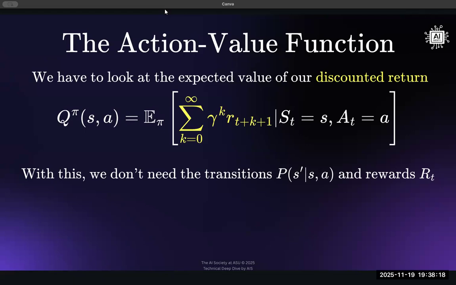It has the same sum right there. That's the expected discounted return. But this time it's conditioned on both the current state and the action that we take. It's just taking into account actions. And of course, that might also be a little more expensive to compute, given that we now have to consider actions.